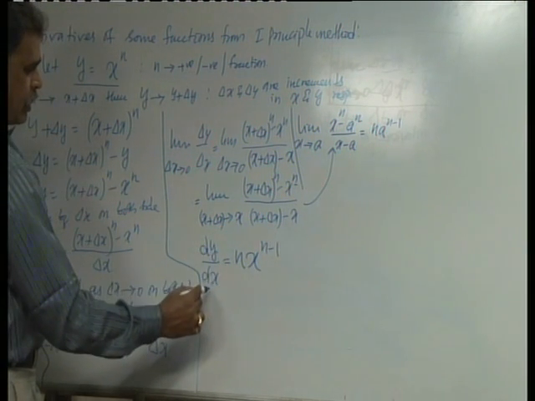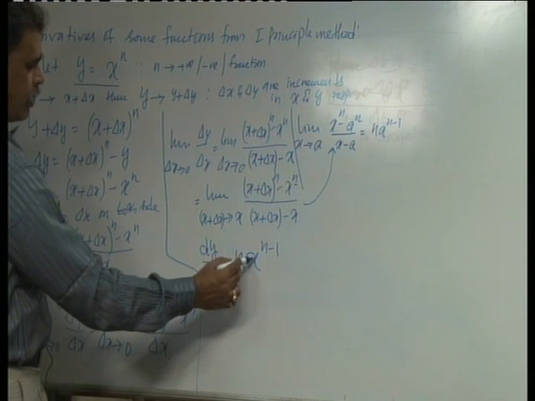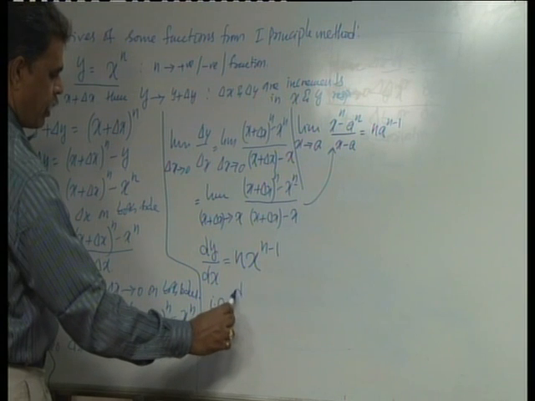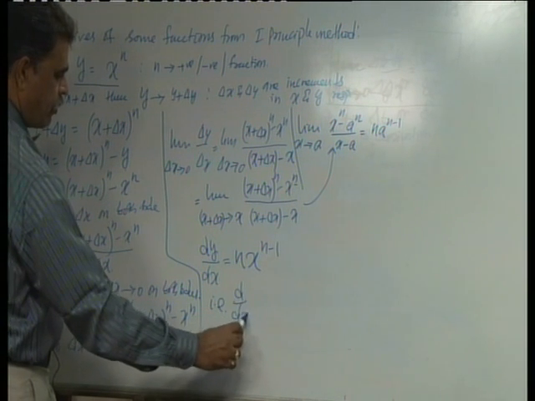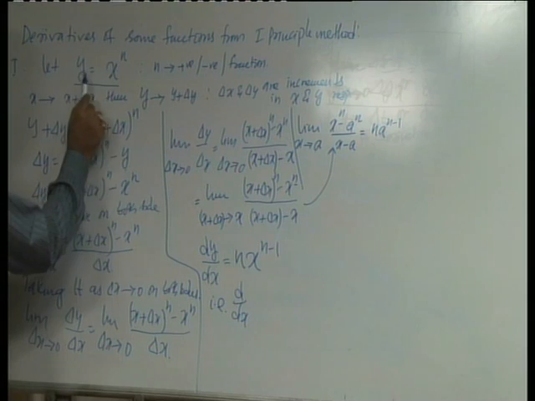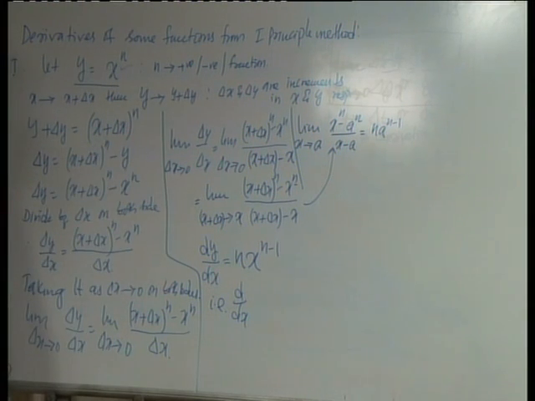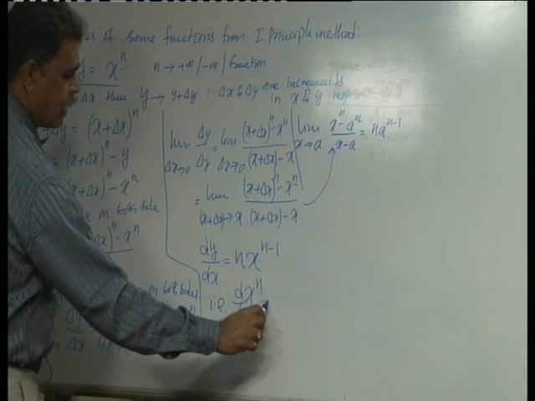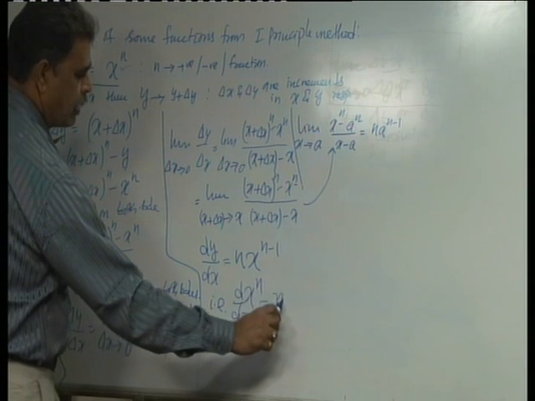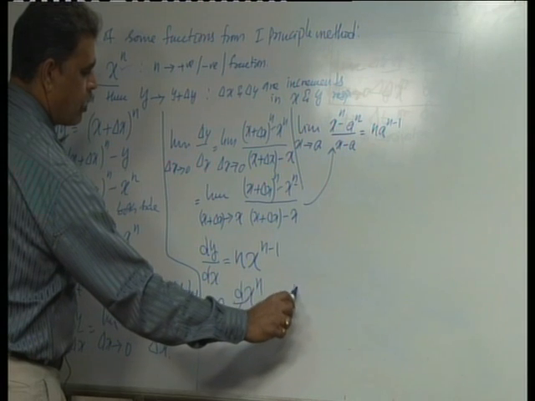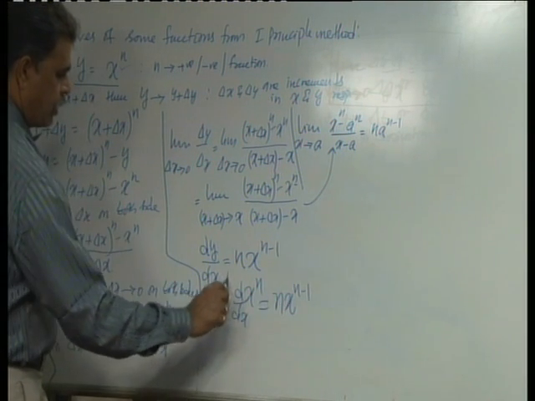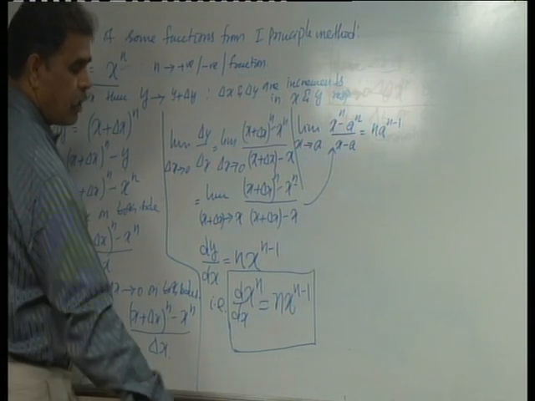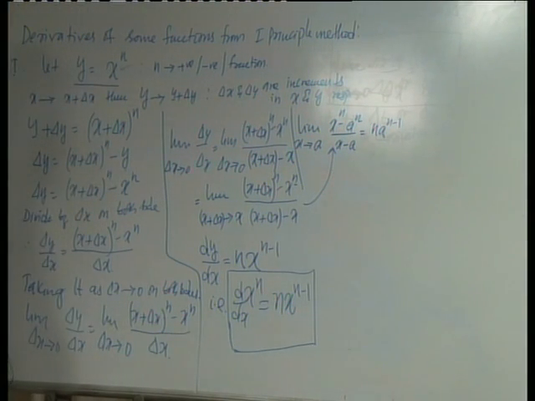So dy by dx is equal to n into x to the power of n minus 1. Remember, d by dx of y, where y is equal to x to the power of n, the differentiation of x to the power of n is always n into x to the power of n minus 1. Here n may be positive or negative, or you can take it as a fraction.